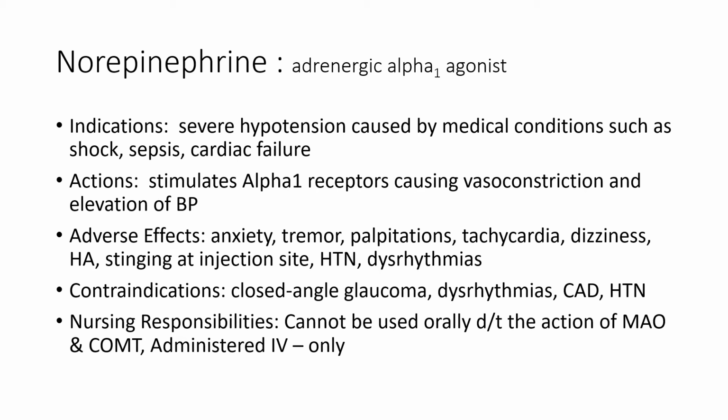This is slightly different with these drugs, but if it was to extravasate into the local tissue because the IV came out, that's going to cause intense vasoconstriction. So they're going to tighten up all the blood vessels locally in the tissue. They're going to vasoconstrict them so that there's no blood supply.